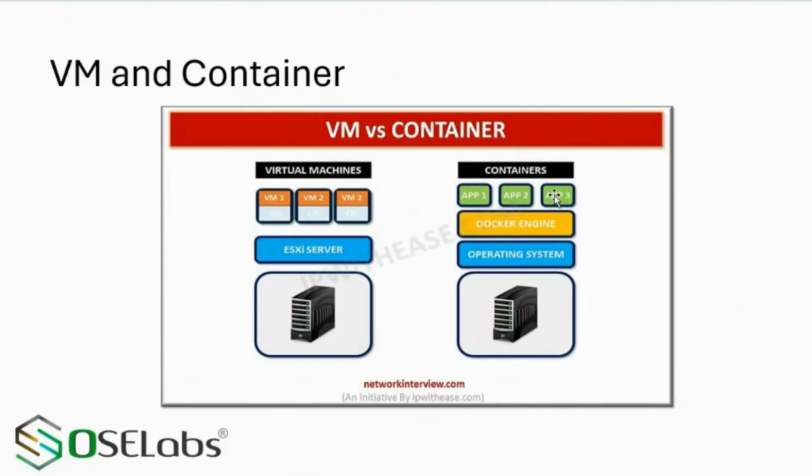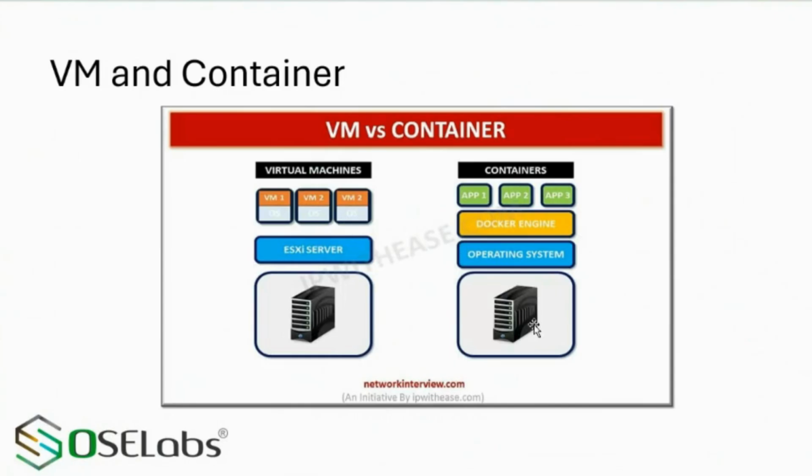To get a good idea, on this hardware we may have virtual machines, approximately 30 to 40 VMs. I'm not saying it should be 40 VMs at any point of time; sometimes it may be 20 or 25, depending on resource utilization.